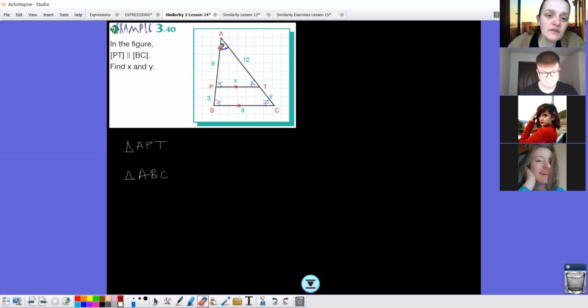So here we found that all the angles are congruent to each other. For me, it's enough to show that two of the angles are congruent.